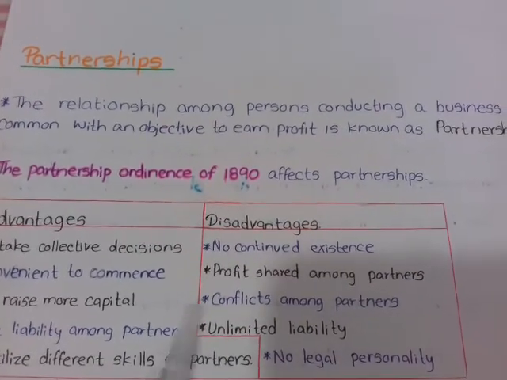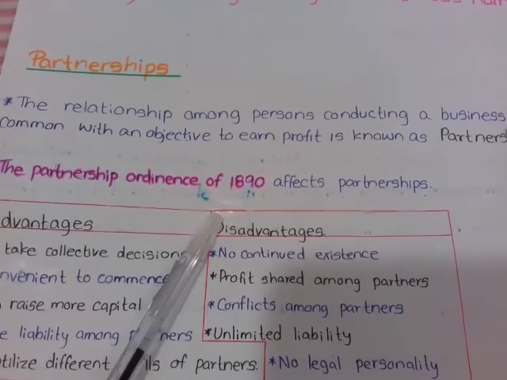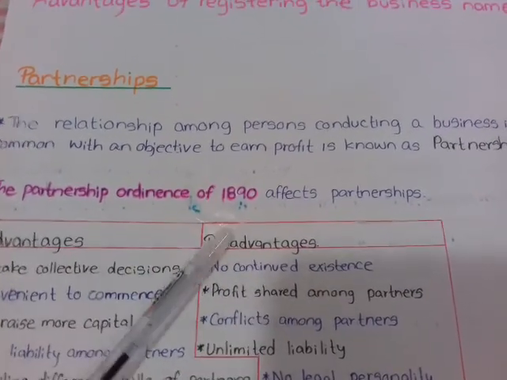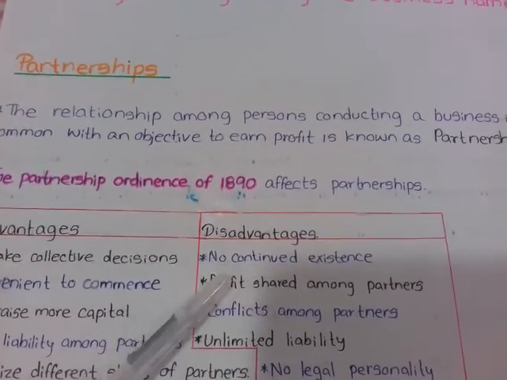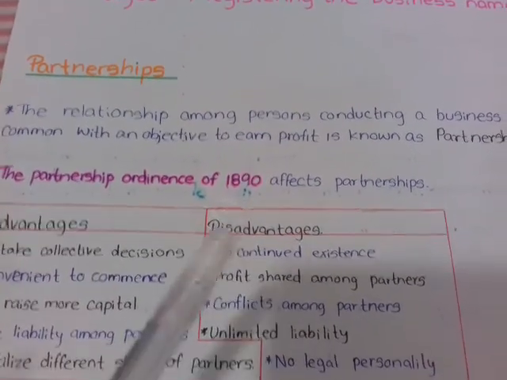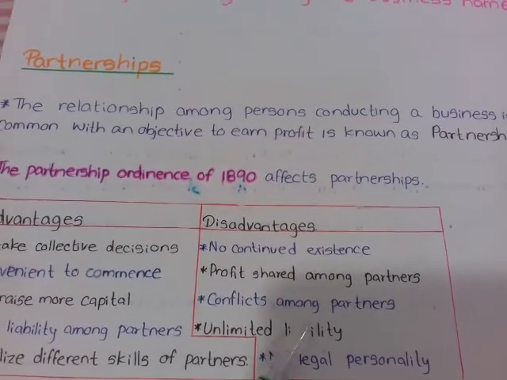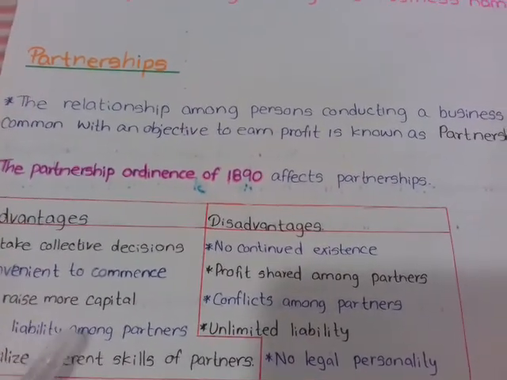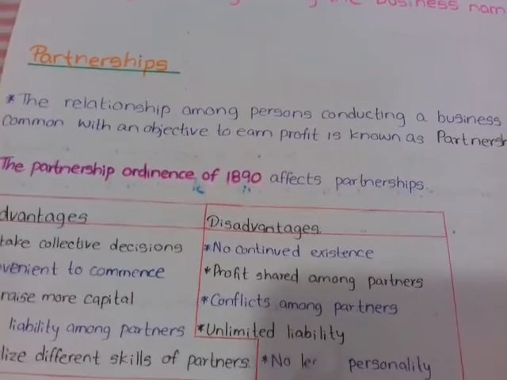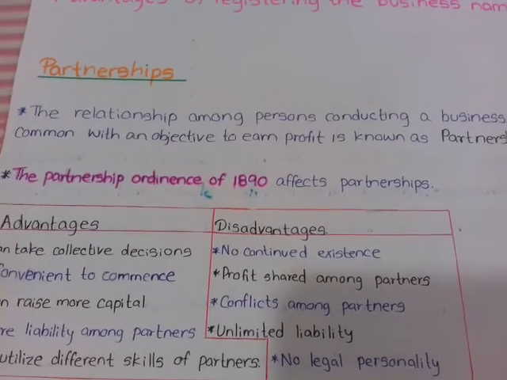It really happens when taking decisions. Now, one partner says that his idea is the best one or his decision is the best one, and the others don't accept it. So, likewise, there could be conflicts. And unlimited liability. Even though it is shared, the liability is unlimited. And no legal personality.